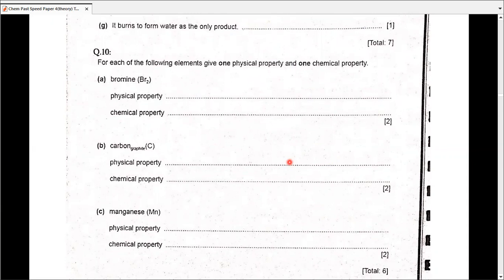For the first one, the physical property would be that it is poisonous. Okay, in the chemical property, you can write that it forms diatomic molecules because it is a halogen. Okay, good.